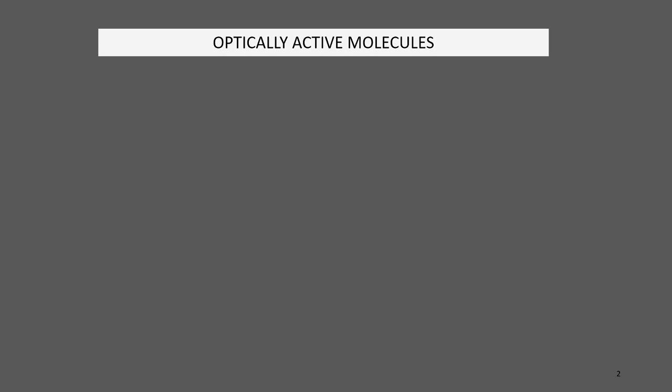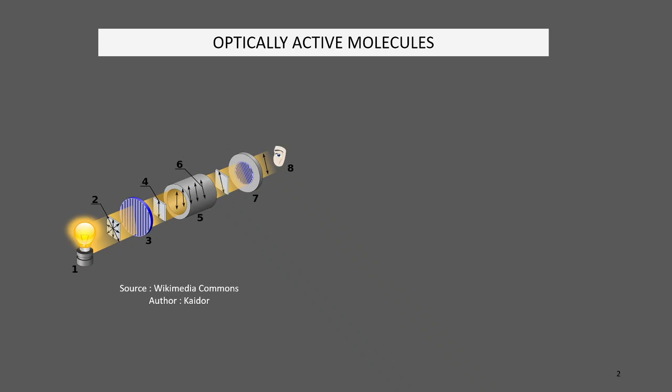First of all, let's understand what optically active molecules are. So this is the experiment which illustrates what optically active molecules are. This is a source of light, and then you have light vibrating in all possible directions. So unpolarized light comes out from here, and then you have a polarizer which polarizes the light, and now you have light waves vibrating in a particular direction, plane polarized light.